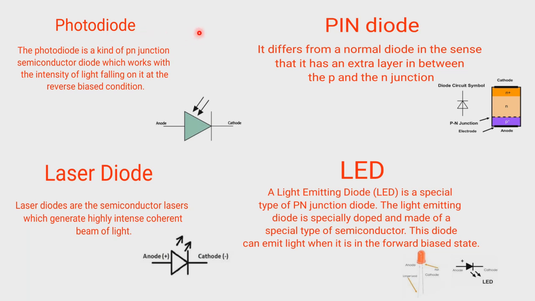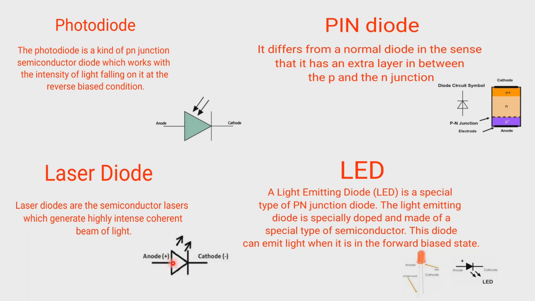Some of the other types of diode are the photodiode. A photodiode is a kind of PN junction semiconductor diode which works with the intensity of light falling on it in a reverse bias condition. The other type of diode is the PIN diode. It differs from a normal diode in that it has an extra layer in between the PN junction. And the other type of diode is the laser diode.